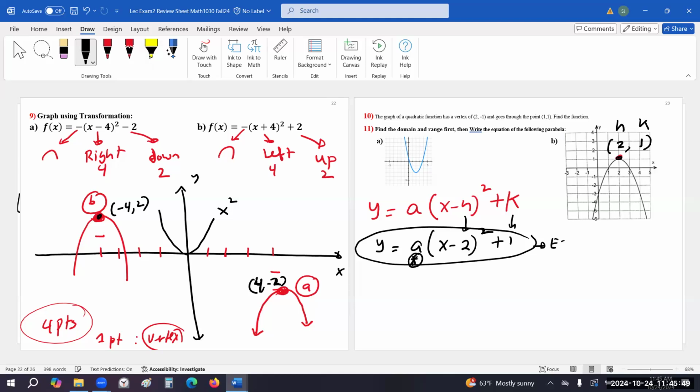So the equation you're looking for is Y equals something times X minus 2 squared plus 1. That is our final equation. The question is, what is that thing we are missing?